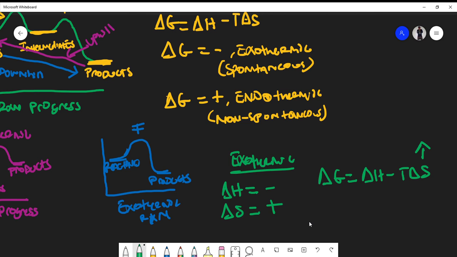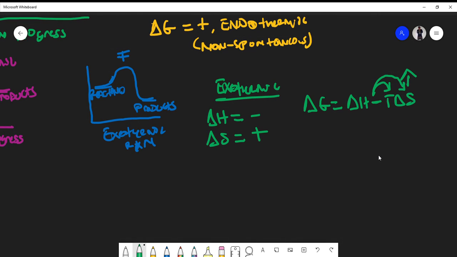This will essentially give me a really negative number, right? Because remember, I have a negative that's being distributed to both the temperature and the delta S. So if the change in entropy, or delta S, is positive, then this number becomes really negative. So I'm subtracting a really huge number from delta H, and so essentially my delta G would be negative.